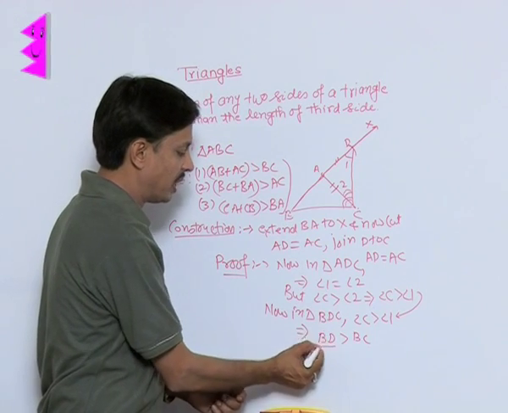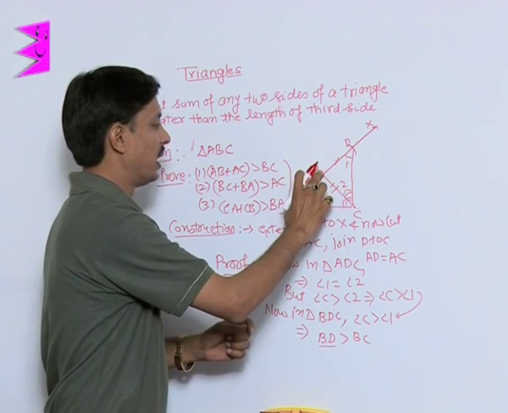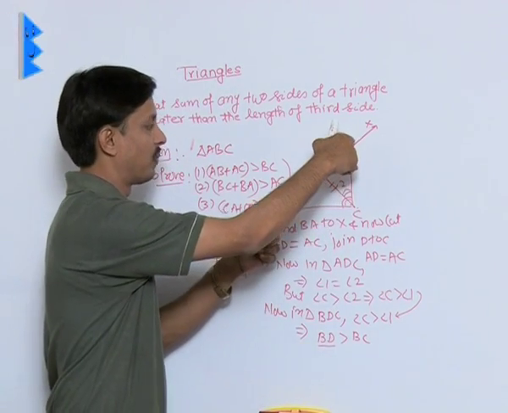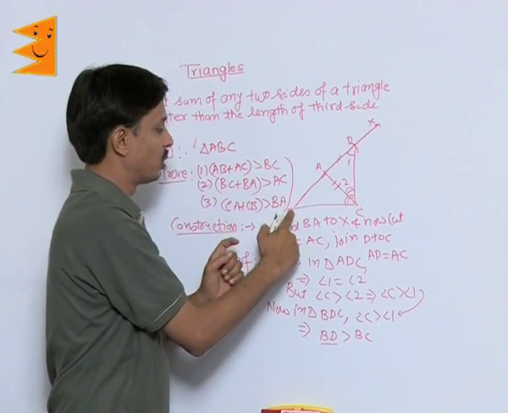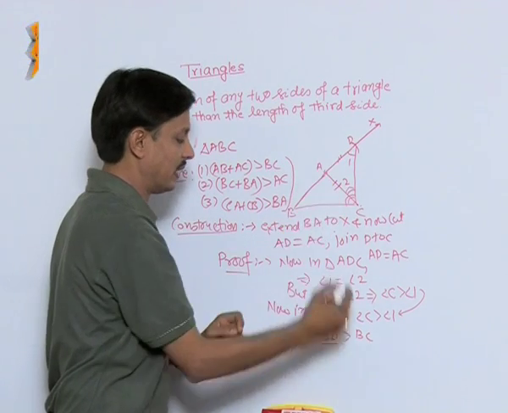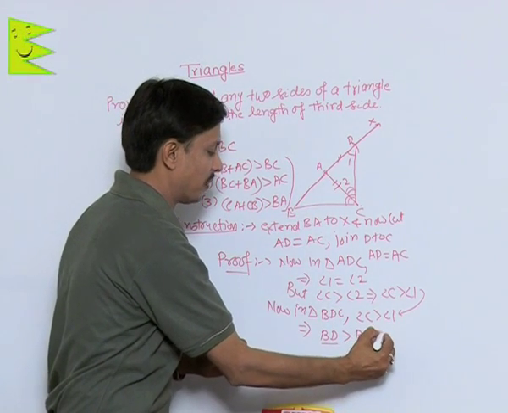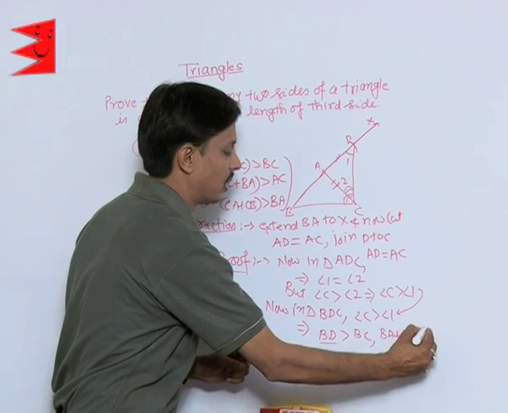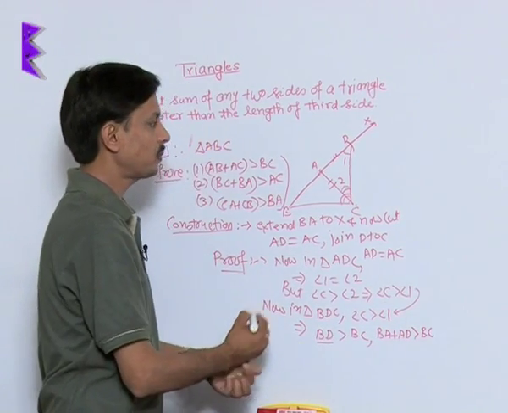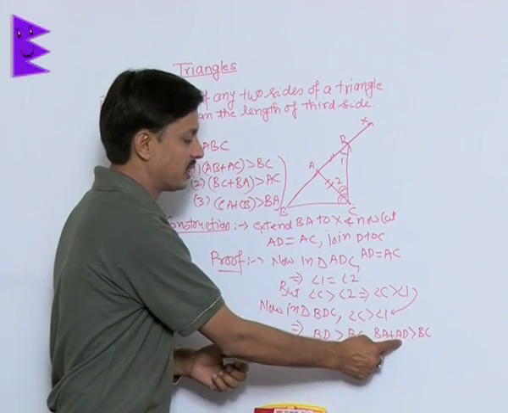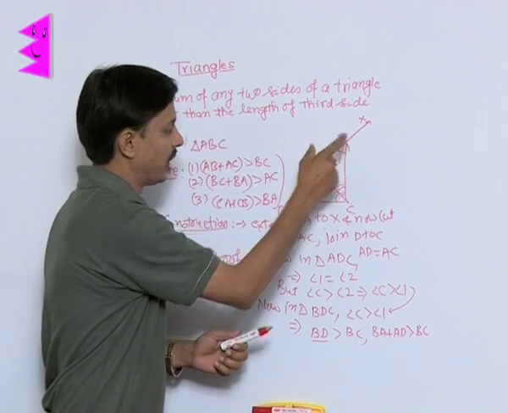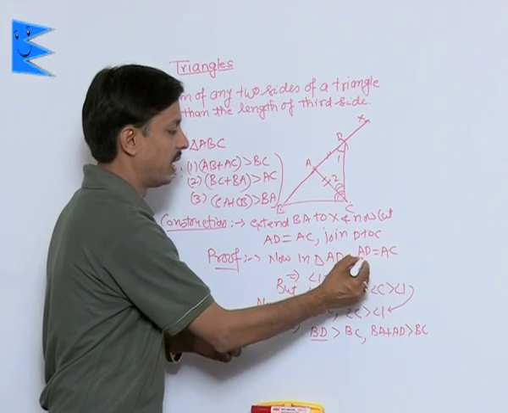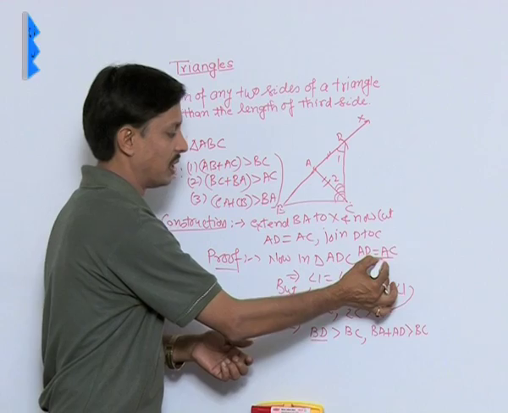But in place of BD, I can say it is AB plus AD. Clearly from the figure, BD is equal to BA plus AD. So BA plus AD is greater than BC. But AD is taken equal to AC, so in place of AD, I can take AC.